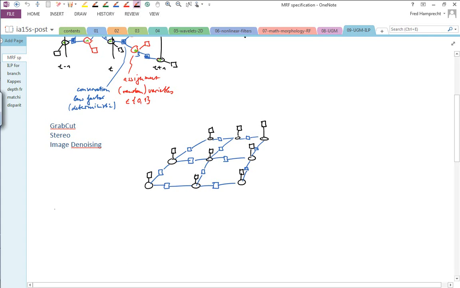Okay, and we were starting to say that to specify a Markov random field, what we need is, we need to say what set of random variables we have. And secondly, we said that we want to have a graph or factor graph, 2 examples of which you can see here.